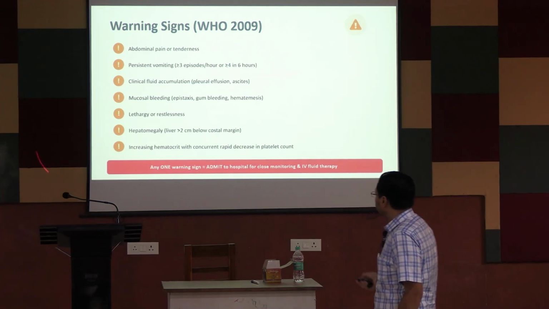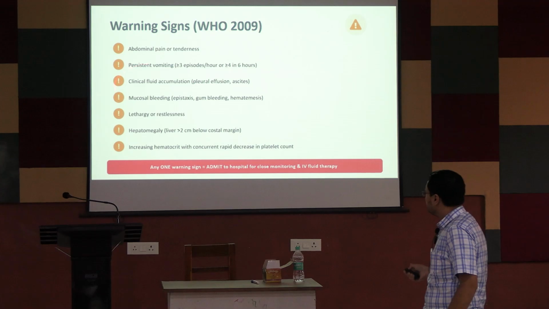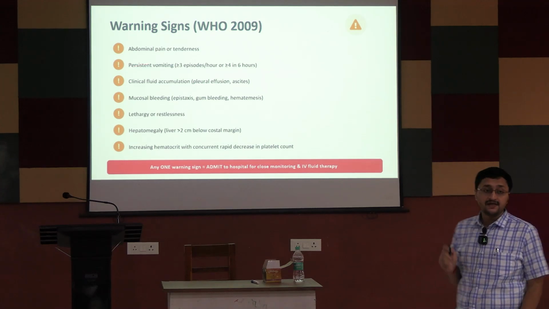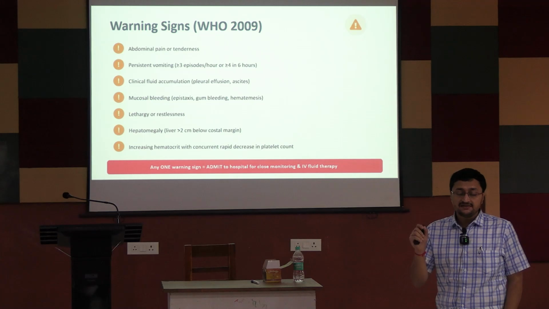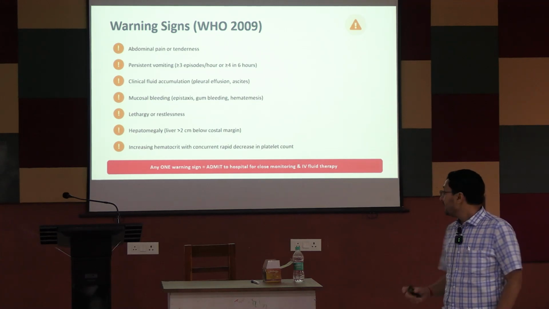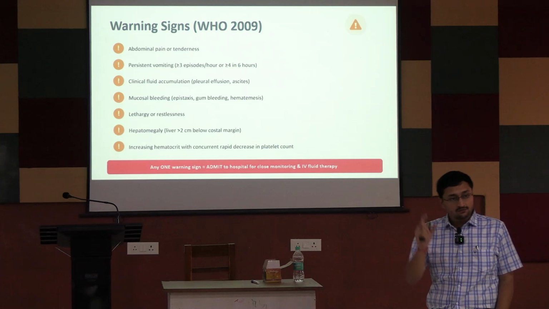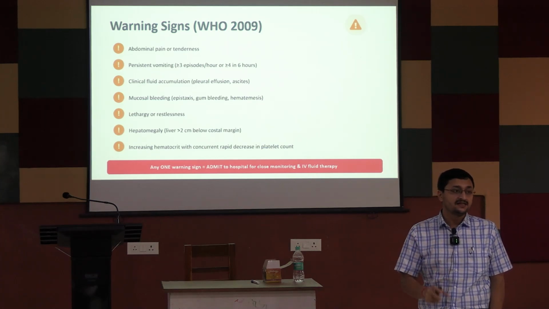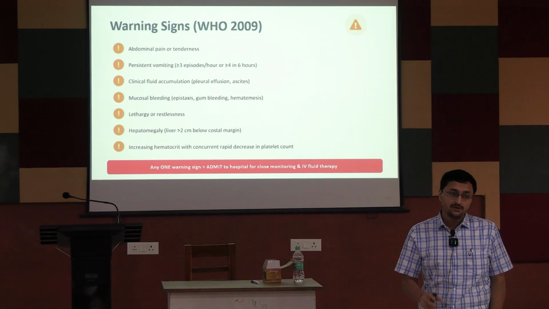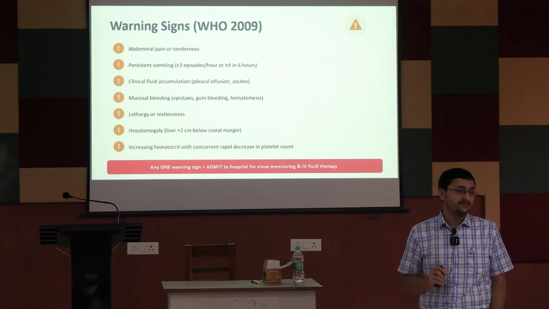Another one is clinical fluid accumulation, that means serositis, inflammation of the serosa that leads to pleural effusion or ascites. So if any one of these warning signs is present, then this is defined as moderately severe dengue and you have to admit that patient.